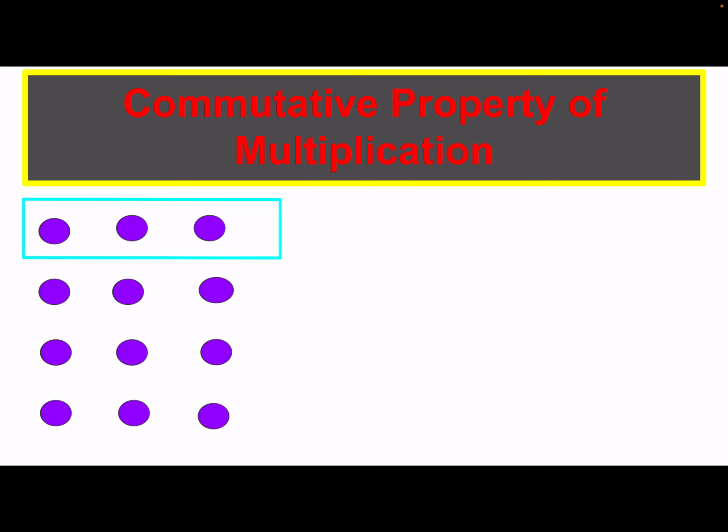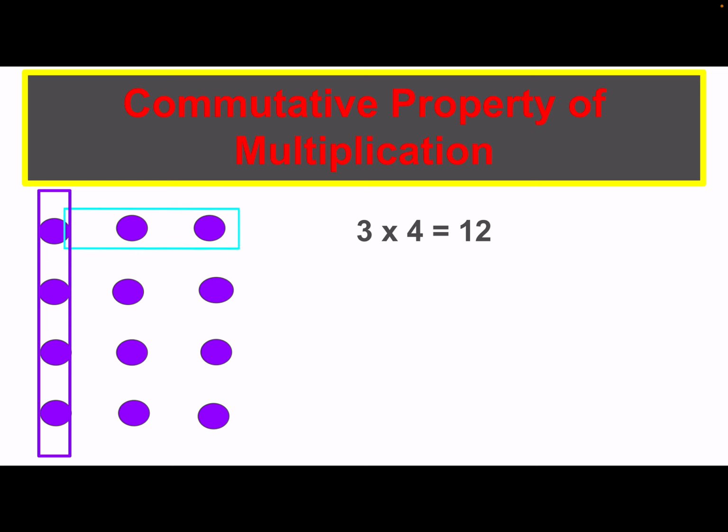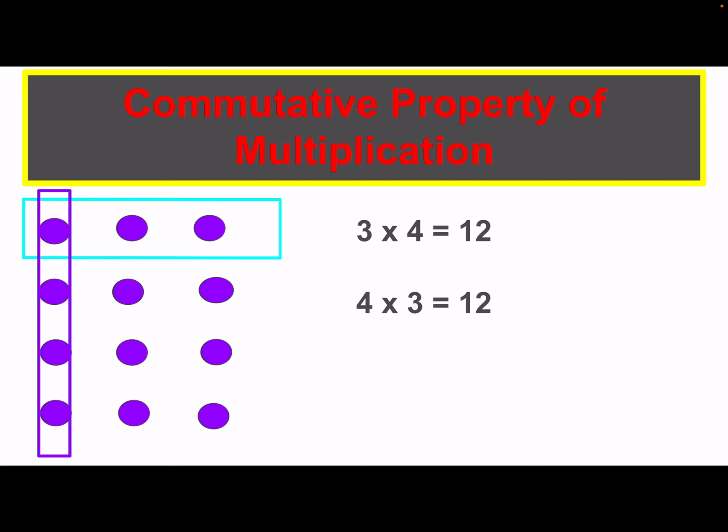Then if we multiply 3 balls with 4 balls, how many balls will we have? 3 times 4 is 12. Or if we do it in reverse, 4 times 3, the answer would be the same, 12. So 3 times 4 is equal to 4 times 3.